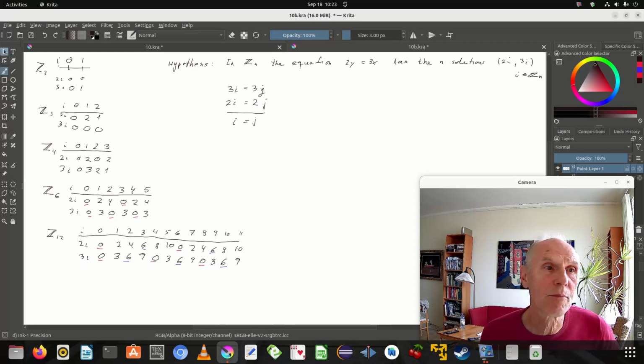So that means that the map is injective into the pairs. So we have at least n solutions, and it seems this way that we have at most n solutions. I haven't made the proof totally watertight. I need to find a way to formalize this argument.